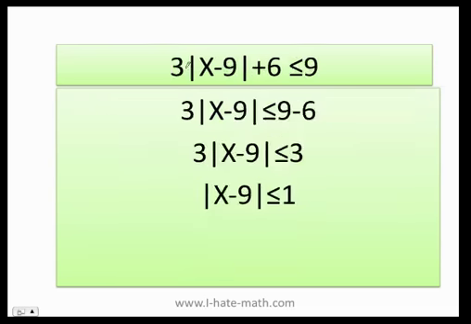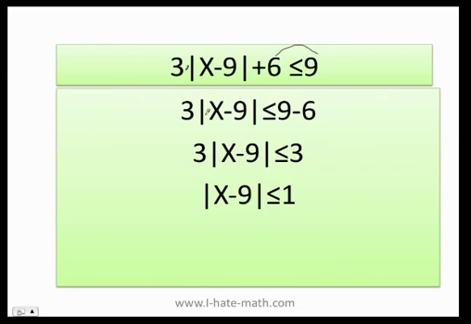Here I have 3 times the absolute value of x minus 9 plus 6 less or equal than 9. Now we need to go ahead and get rid of all of this so we can clean it up. So the first thing I do, I pass the 6 to this side, which is 9 minus 6, and that gives me 3. Now you cannot distribute this 3 because this is an absolute value.